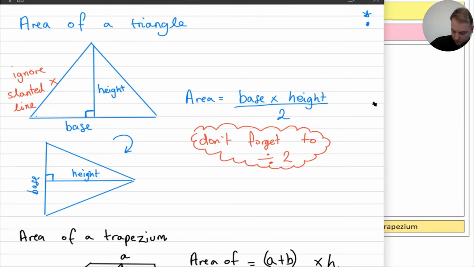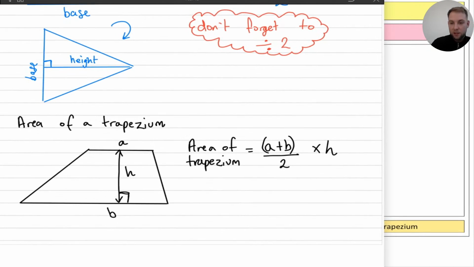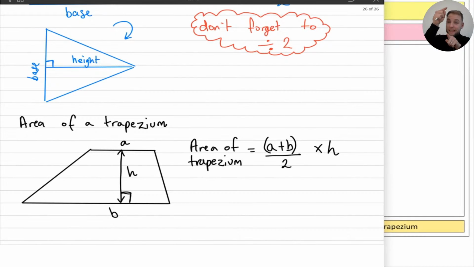And then this bottom one, for the area of a trapezium, is going to be, well, we need to average out those two sides. So it's going to be A plus B divided by 2 times by that perpendicular height, which is h.